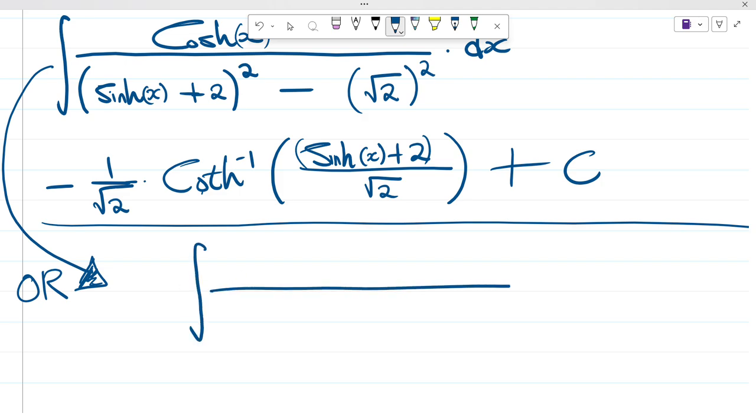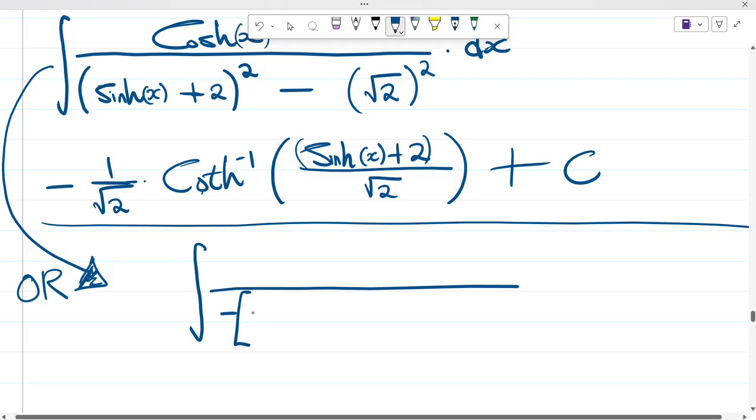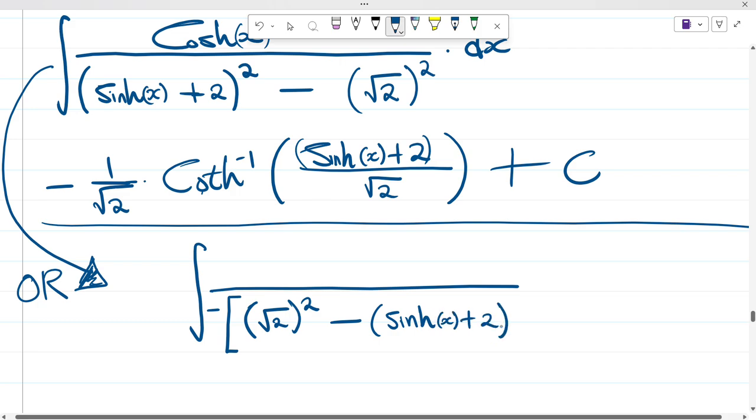So when you take the negative as a common factor in your numerator, you'll end up having negative the square root of 2 squared minus hyperbolic sine of x plus 2 squared, and then you close the bracket, of course.